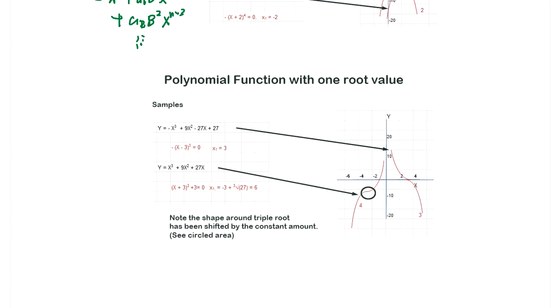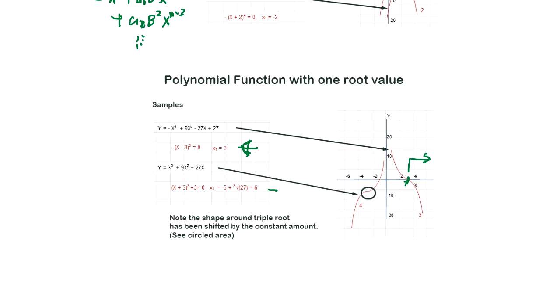Now, polynomial function with one root value. I think we talked about this already. This is one root, but actually we count it as 3 roots, 3 identical numbers, 3 roots, right?